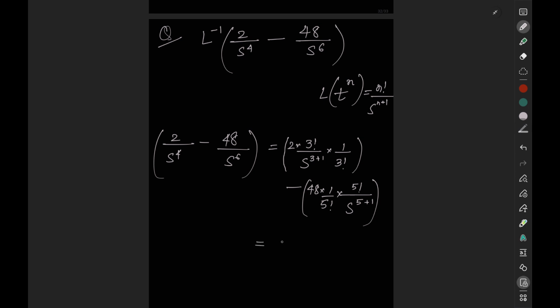So we will get 2 upon 3 factorial t to the power 3 minus t to the power 5. This is the answer.